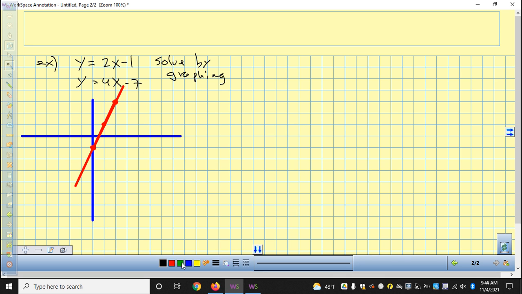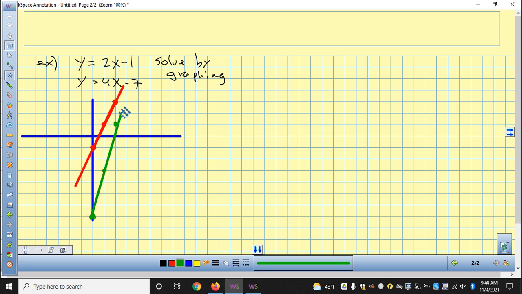For this line, I'll graph that one in green. The y-intercept is -7. Let's see, 1, 2, 3, 4, 5, 6, 7. I got down here low enough. And the slope is 4. So to get another point, I'm going to go up 1, 2, 3, 4 over 1. Get another point, 1, 2, 3, 4 over 1. And I might need to extend this one a little bit.